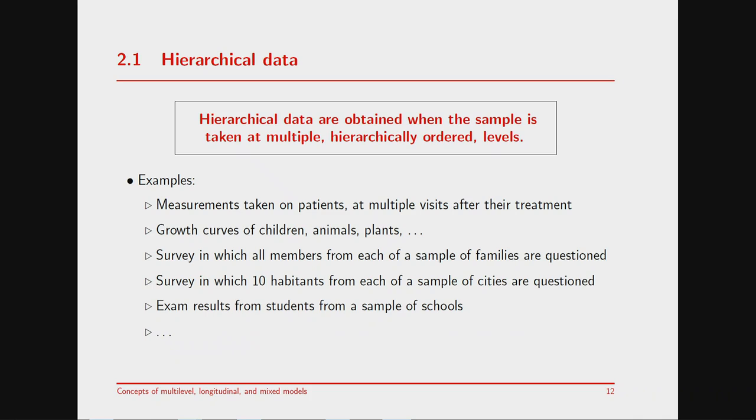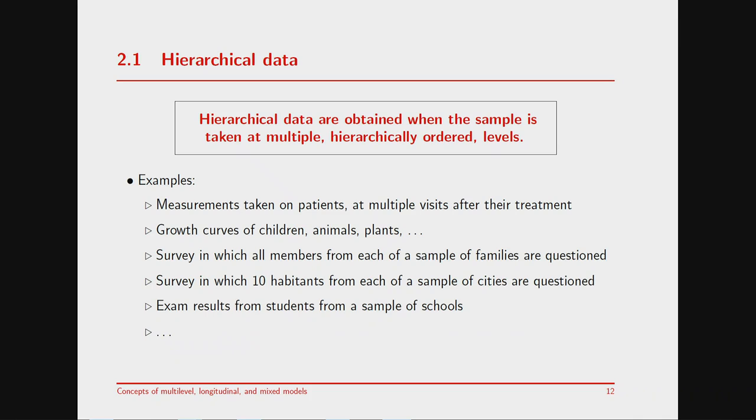So that's also a hierarchically ordered data structure. And of course, you can do that with children, but equally well with animals. You can look at plants that are growing, how fast these plants are growing, and things like that.